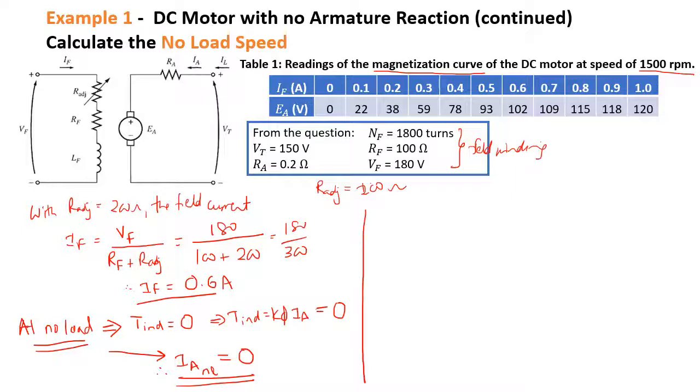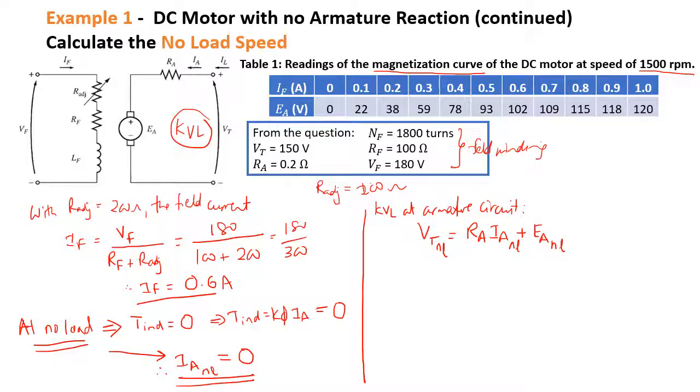Now when you're looking at the armature circuit, we're going to find the KVL at the armature circuit, which states that VT is equal to RA IA plus EA. So at no load, VT no load is equal to RA IA no load plus EA no load.